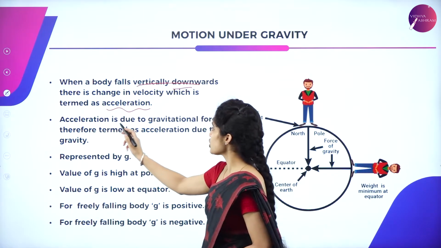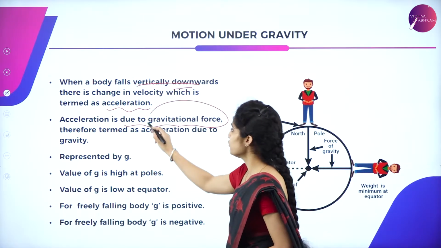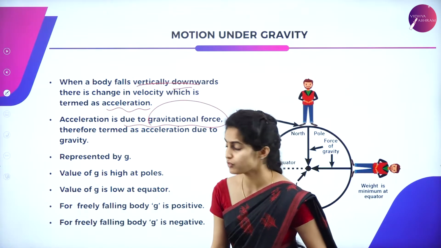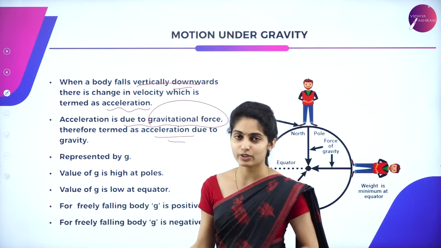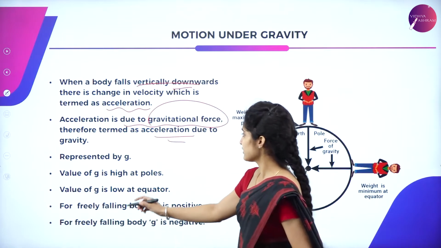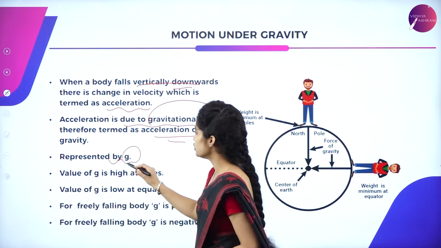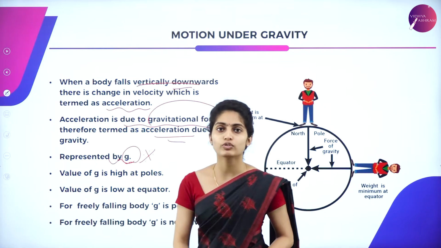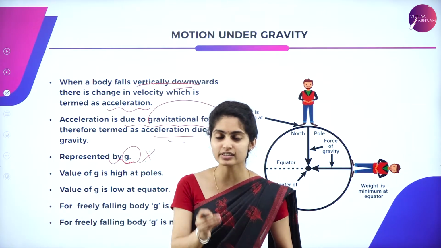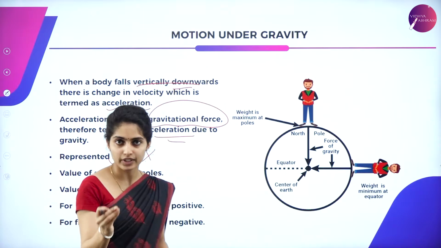And this acceleration is due to the gravitational force of the earth. Therefore, it is termed acceleration due to gravity. It is represented by g. This is very important, students.